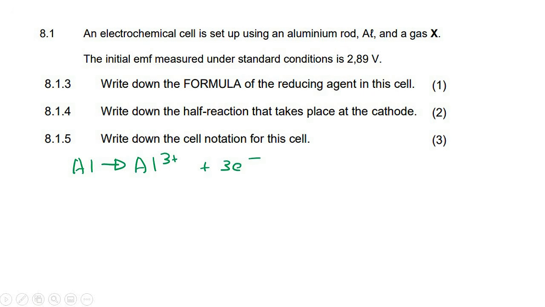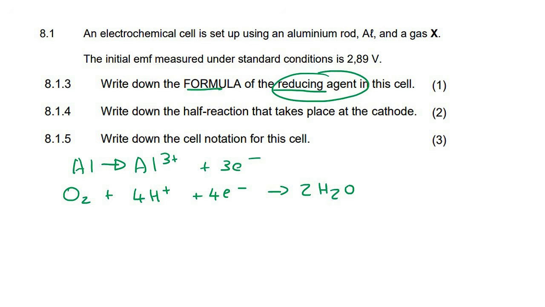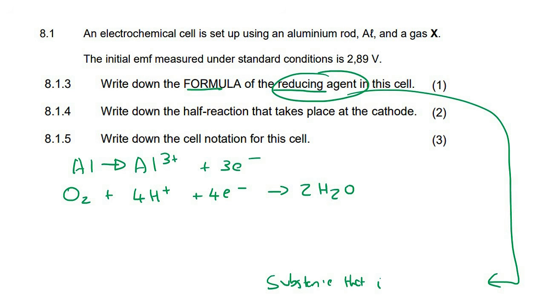Okay, and then the other reaction, I wrote it down here, was oxygen plus 4H plus and 4 electrons turning into 2H2O. Okay, so this question says write down the formula of the reducing agent. Now the reducing agent, if you remember, is the substance that is oxidized. If you look at these two reactions, oxidation is this one over here, where you've got the electrons on the right-hand side.